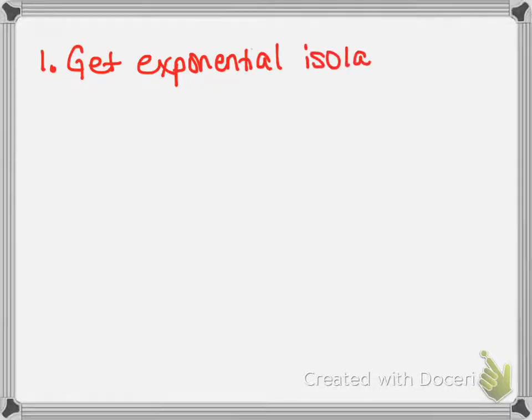So the steps that we're going to follow, the first step to solving an exponential equation that can't be done with the same base is we have to get the exponential isolated. And so what that means is that we have to get the base and its exponent isolated.